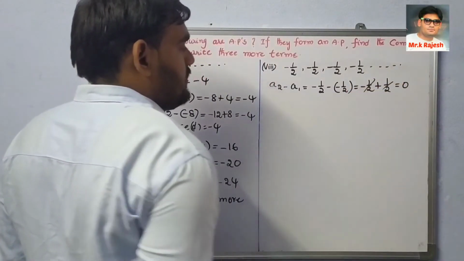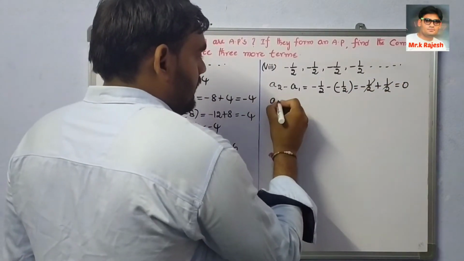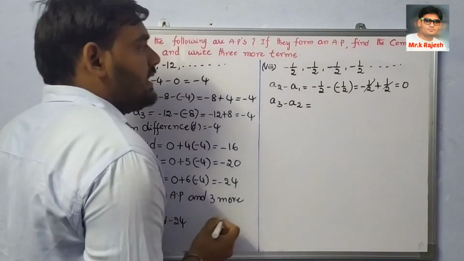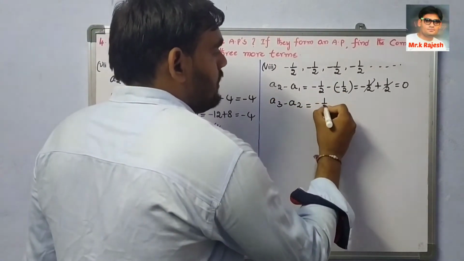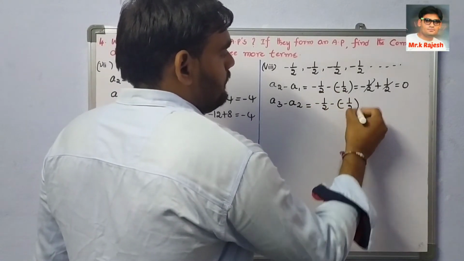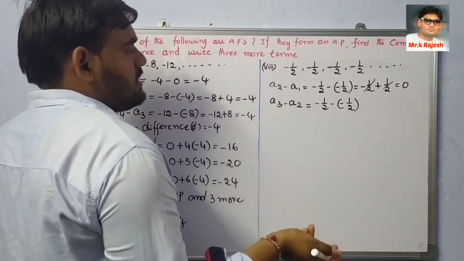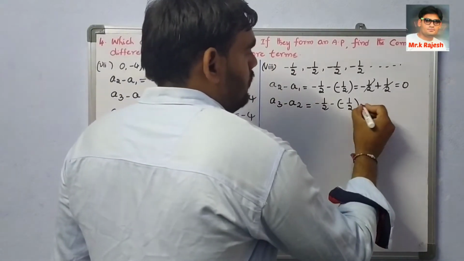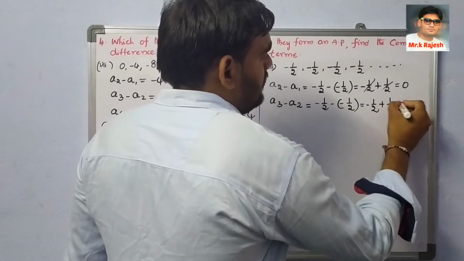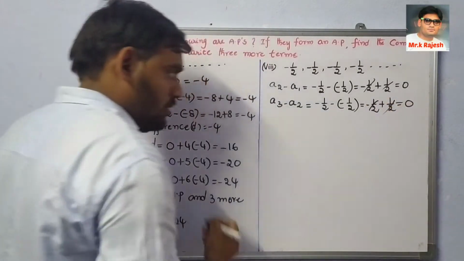Minus 1 by 2 plus 1 by 2 gets cancelled. Now A3 minus A2 is equal to, A3 value is minus 1 by 2, minus of A2, which is also minus 1 by 2. Now minus 1 by 2 plus 1 by 2, its value is also 0.